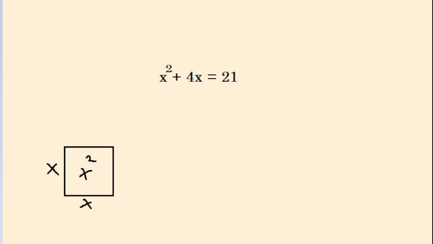And this is 4x. So it's some kind of square. 4x means that there is multiplication between them. So we know this side is x, this side is 4. That's how it looks. And the total is 21.